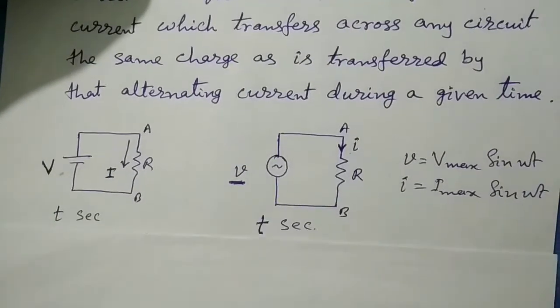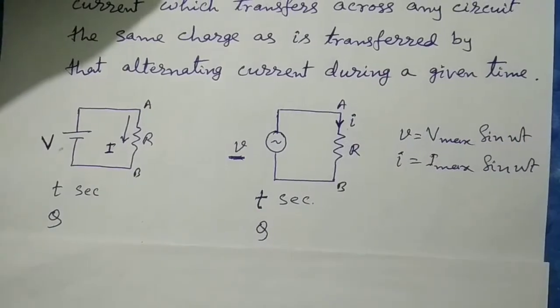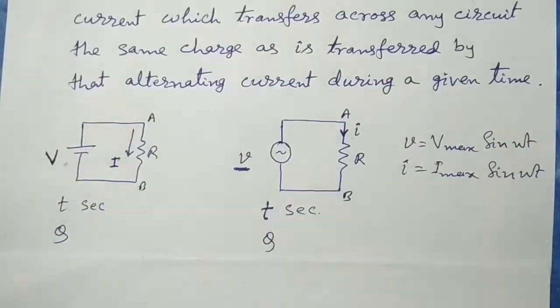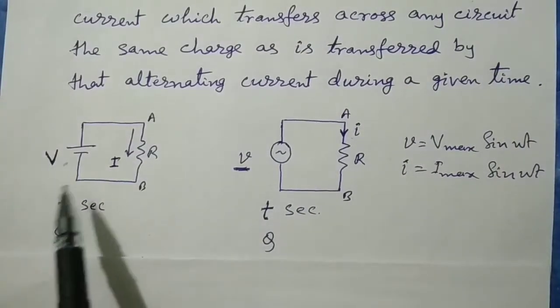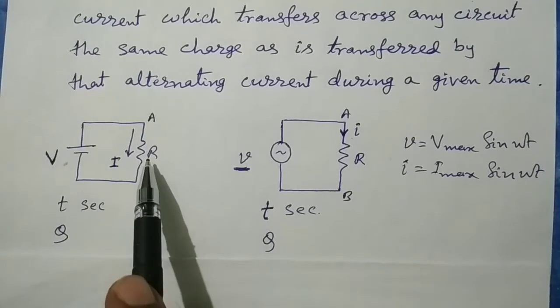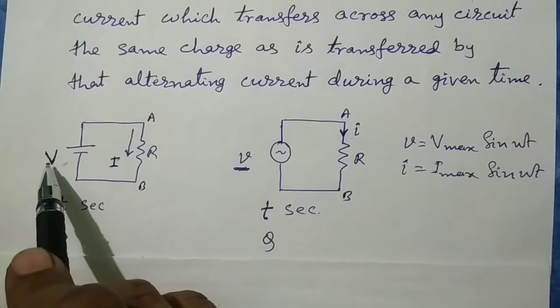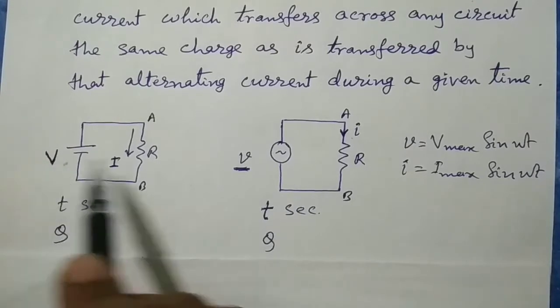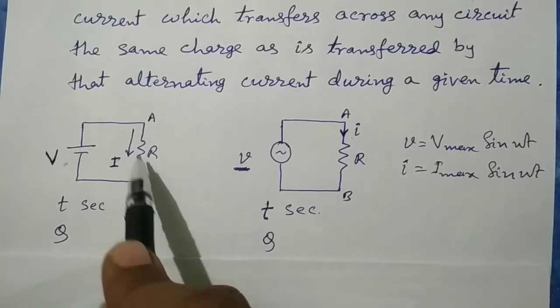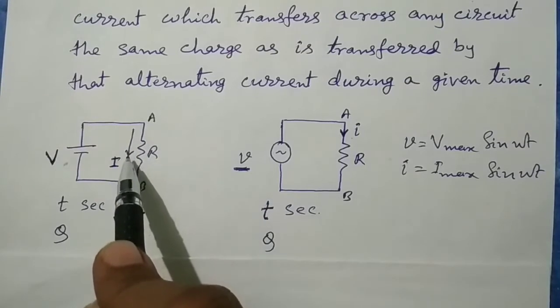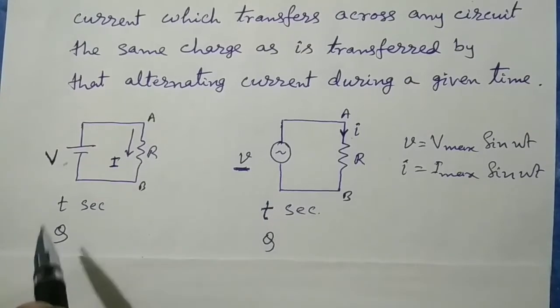Here I consider a circuit. R is the resistance, the load resistance, and V is the DC voltage source that is applied across the load resistance, and then the current will start to flow through the load resistance.